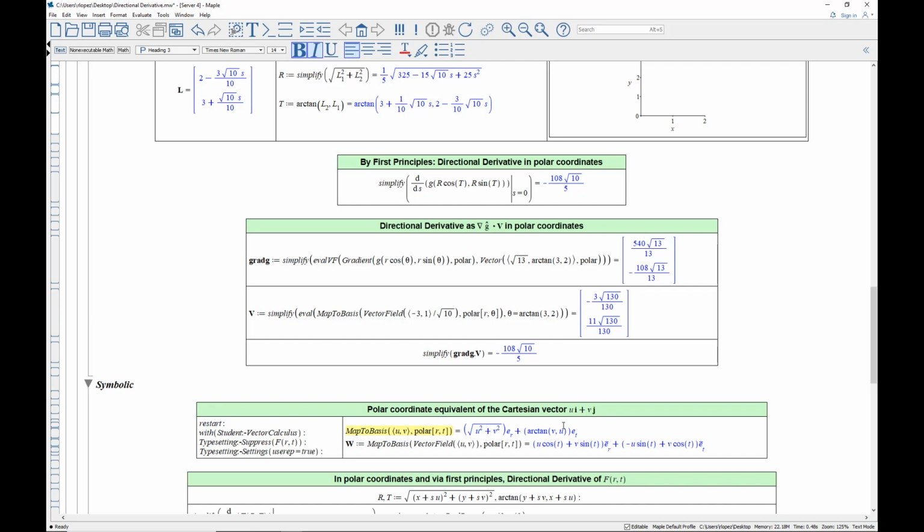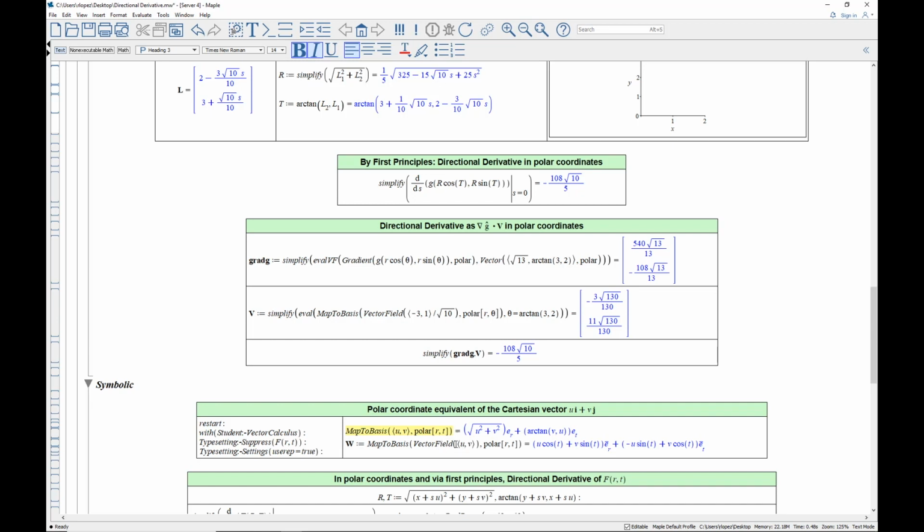Think about this carefully. What you see is Maple interpreted this free vector as a point, and this is Maple's representation in the student vector calculus package of a point translated to polar coordinates.